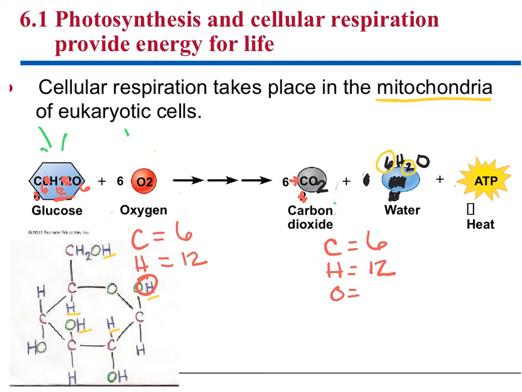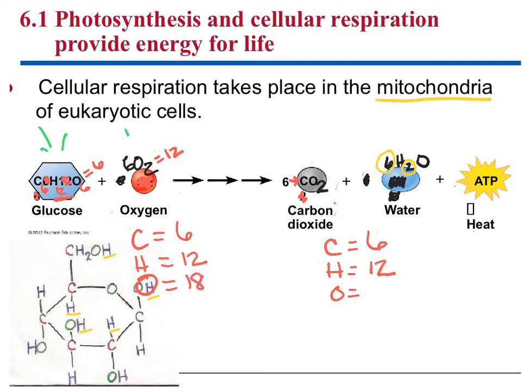Let's go back and account for the oxygens. If we rewrite oxygen like this, we've got 6 in front of the oxygen, but you have to multiply that by 2. So 6 times 2 is 12, right? So we've got 12 oxygens there, but also don't forget about the 6 oxygen atoms that you have here. If we add 12 plus 6 together, we get 18.